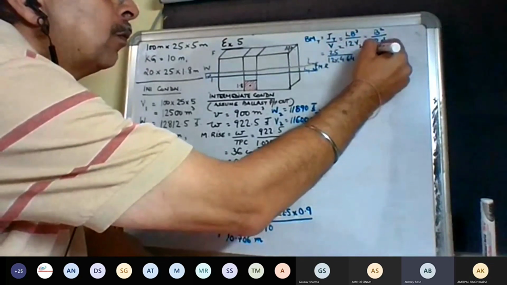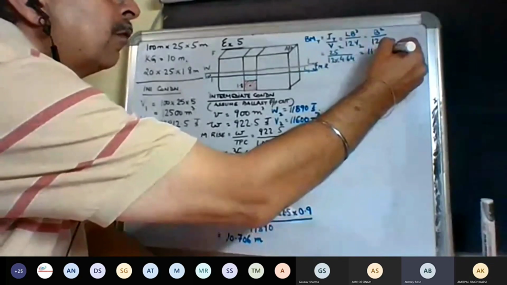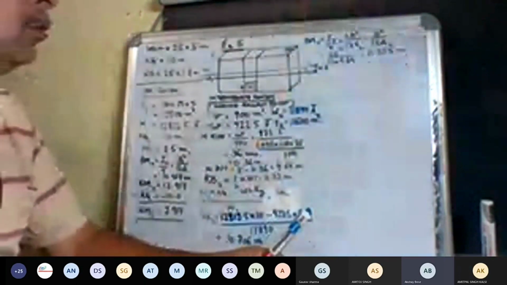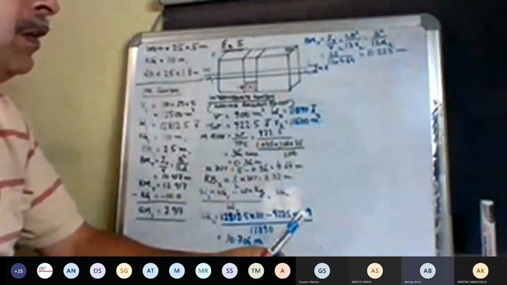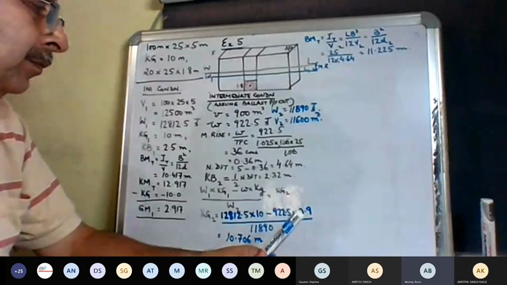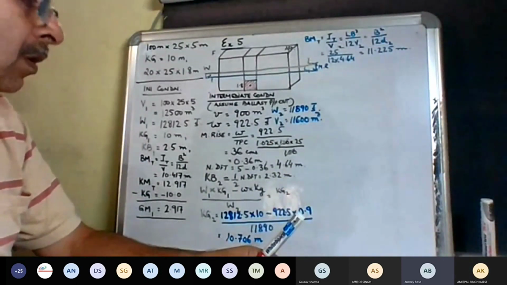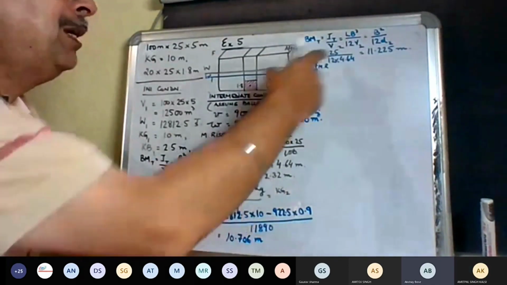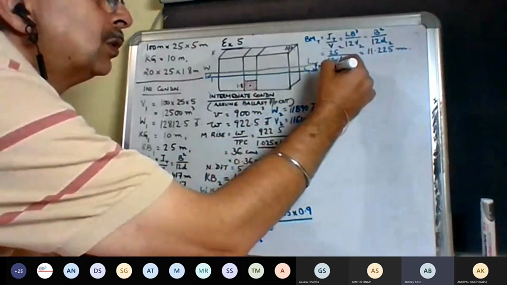So BMT is 11.225. So KB2 is 2.32, BMT is so much.